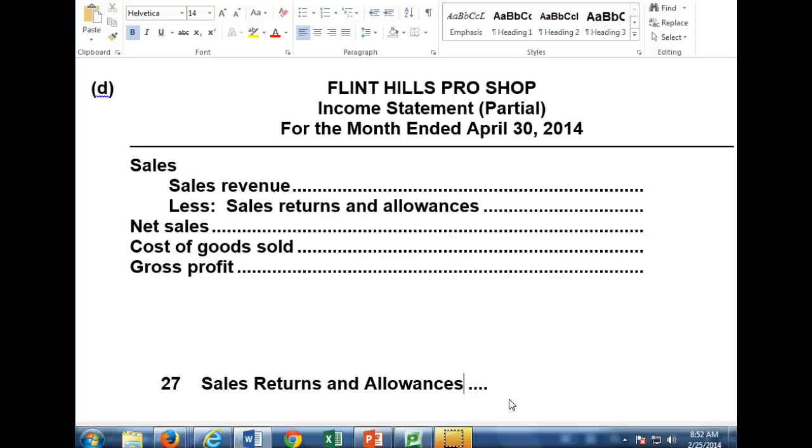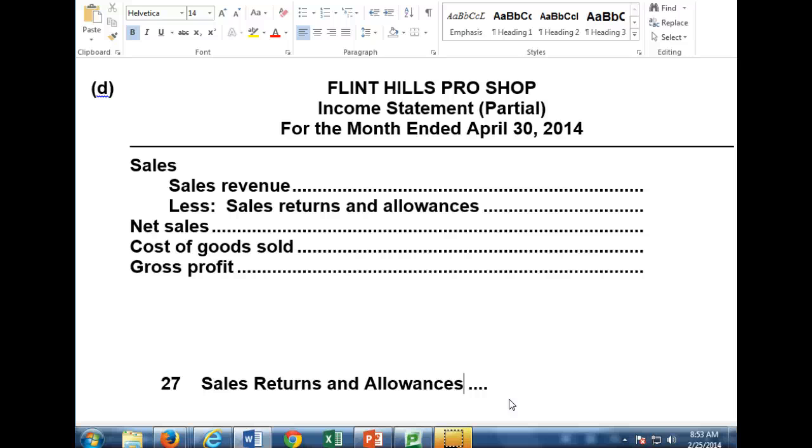What date is that? The 30th. So we receive payments, cash of how much? 1220. And what are we going to credit? It's not cash, it's on account. Okay, it said receive payment. Yeah, receive payment on account.